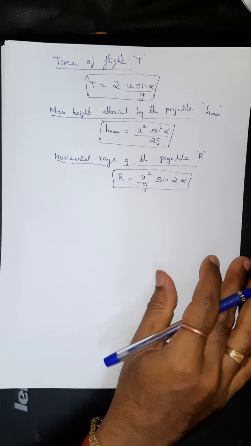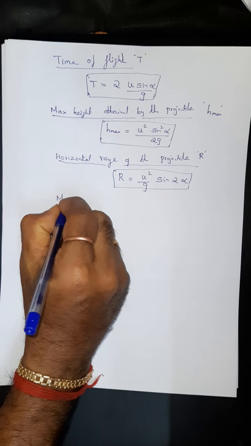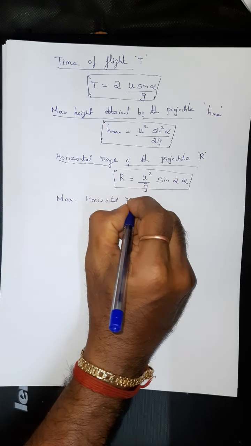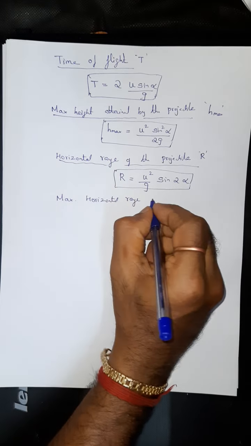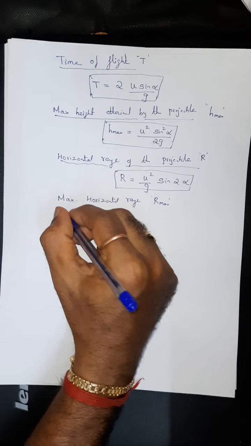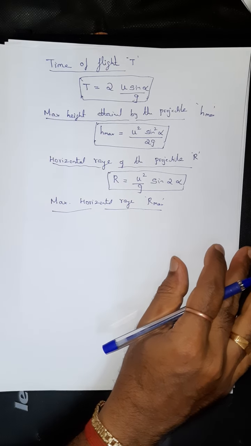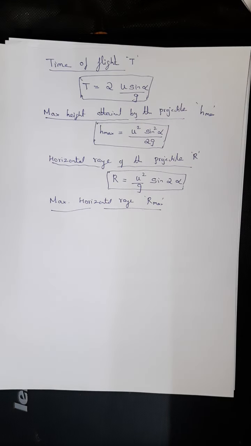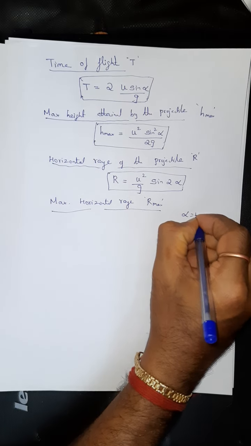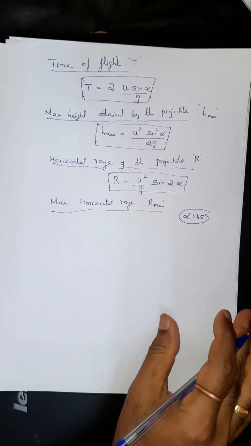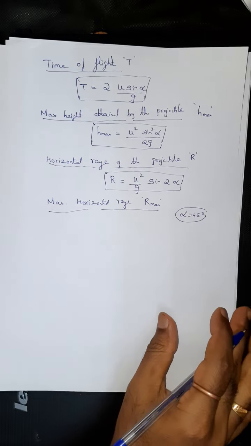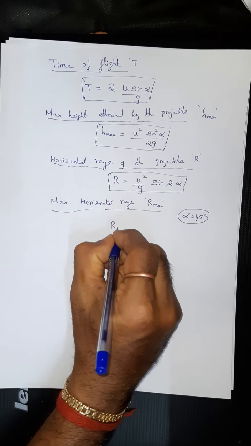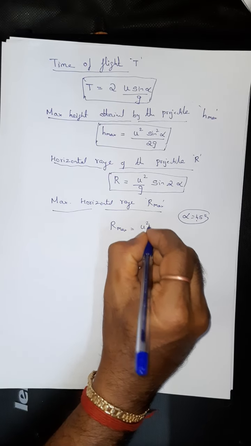The maximum horizontal range, R max, is obtained when alpha is equal to 45 degrees. When you apply 45 here, sine 90 is 1, so R max is equal to u square by g.